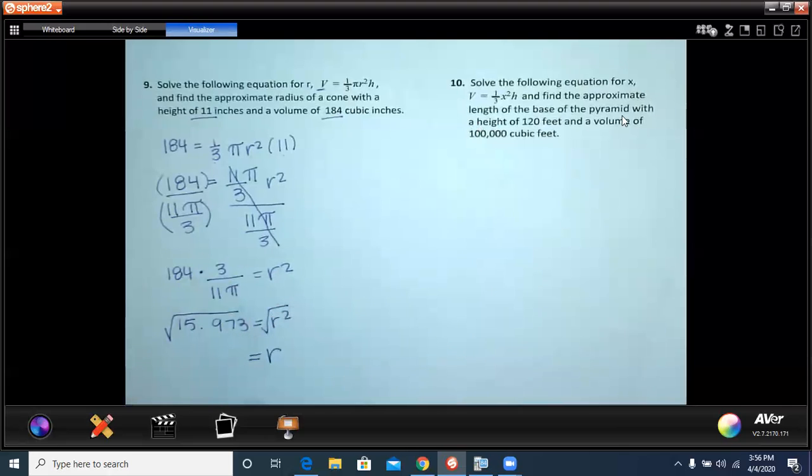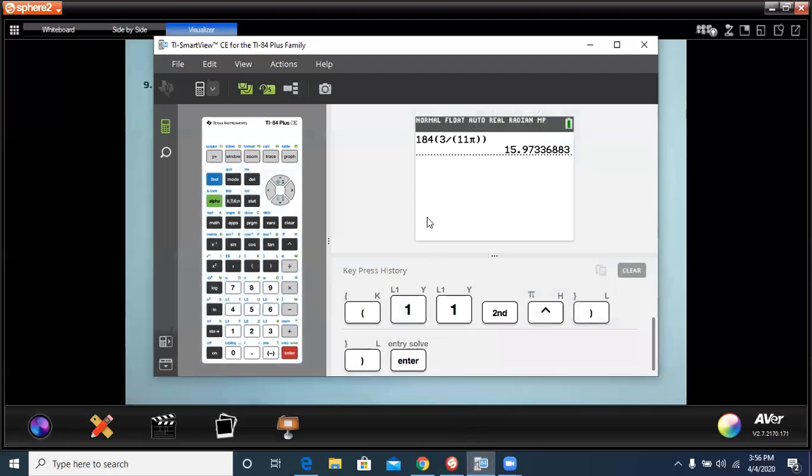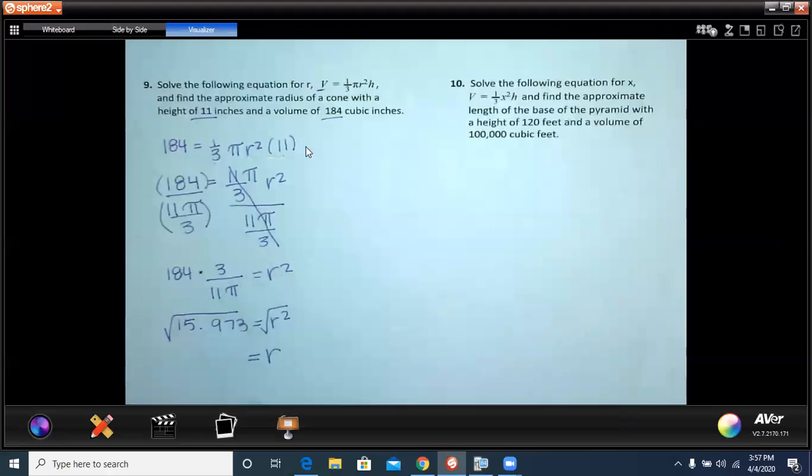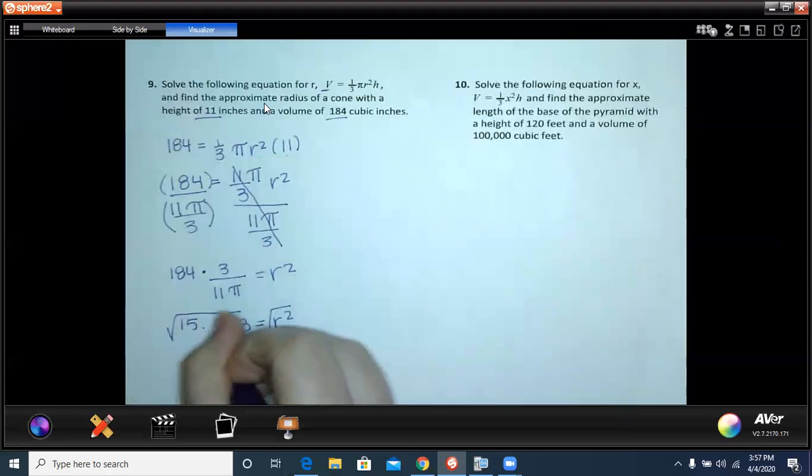So in my calculator, I'm going to take the square root of that answer, and we get 3.996. And if we were to go 3 decimal places and start rounding, this would be approximately, which they did ask us to just approximate here. I'd say that this is going to be approximately 4.